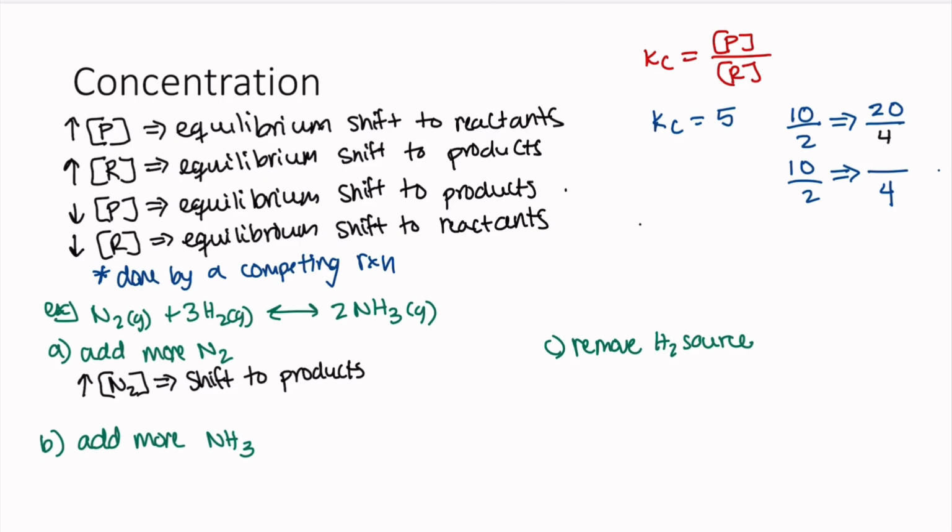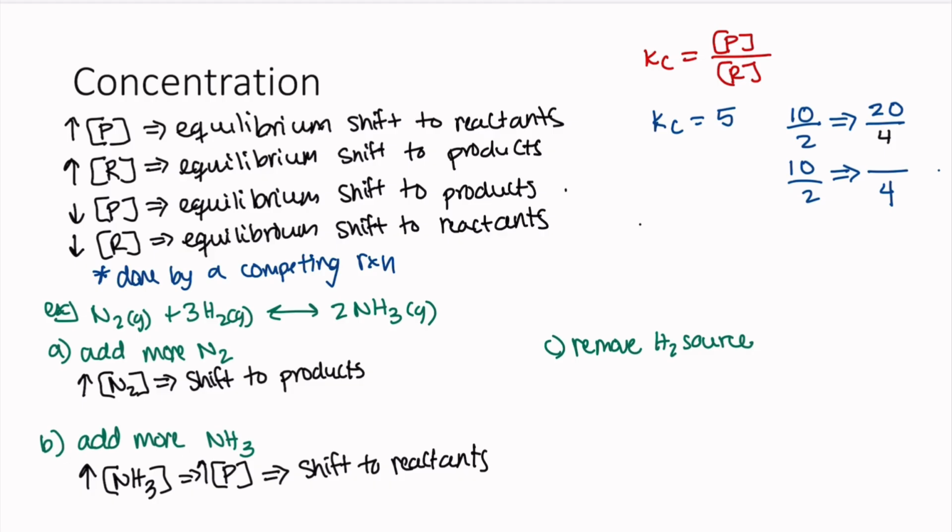If we add more ammonia, now I notice that ammonia is a product. So we're increasing the concentration of our ammonia, which is a product. So we're increasing the concentration of our products, and we should see a shift to the reactants.